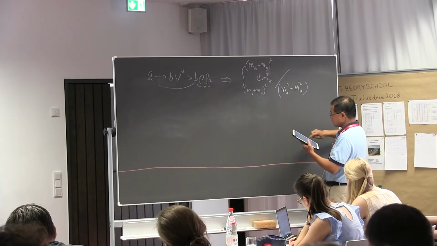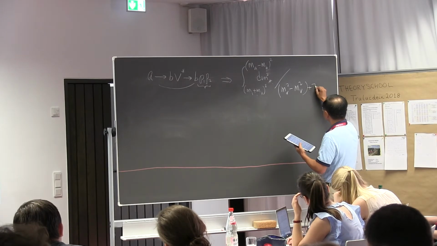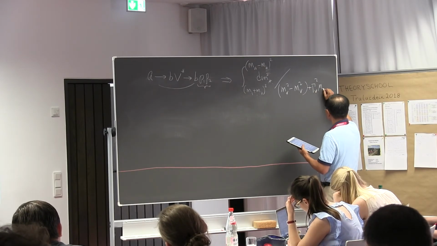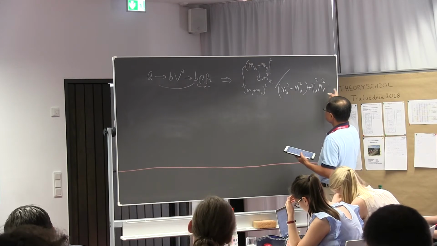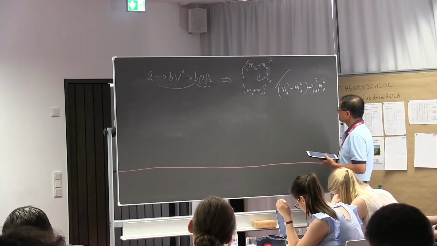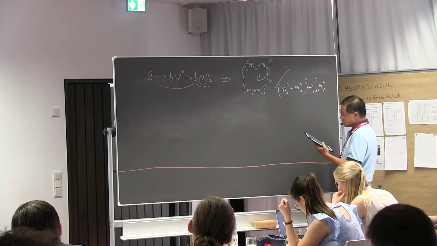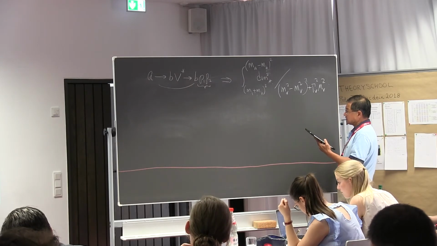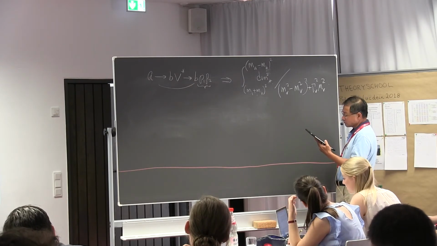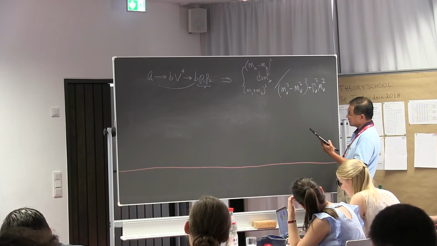So if there's a Breit-Wigner form like this, with the particle width, this is the numerator. So this is the Breit-Wigner resonance formula for the relativistic situation.